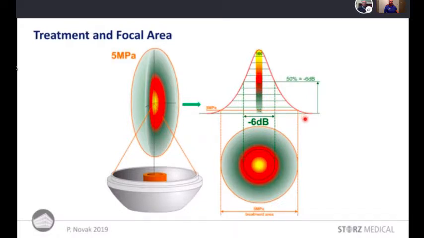level, which many years ago, at the beginning of shockwave use in medicine, was set up as the pressure where people expected some biological effects. We now know that with our ESWT system, we might have effects even underneath this pressure.